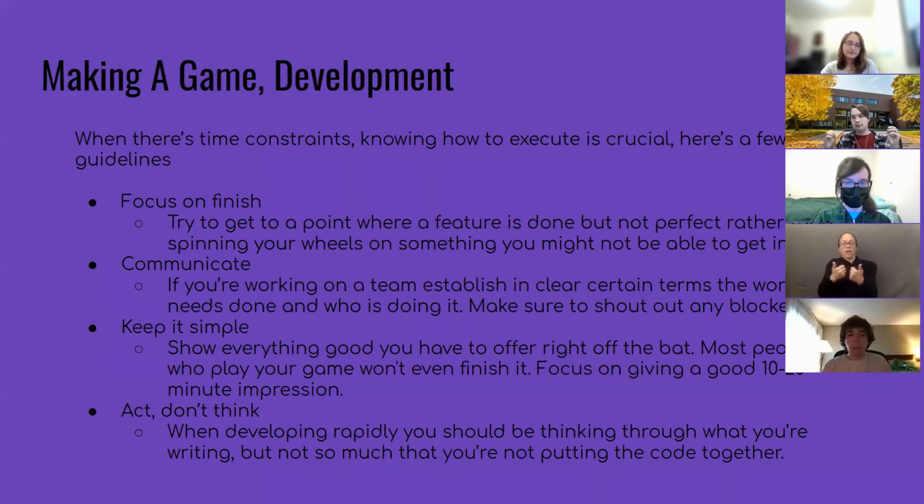And then this is specifically advice for rapid prototyping. Act, don't think. When you're developing under a tight schedule, you should be thinking through the consequences of your code, what it's doing, but do not over-engineer something that you are going to only be working on for 48 hours at most.